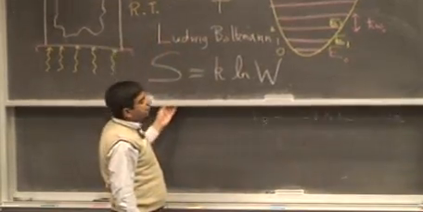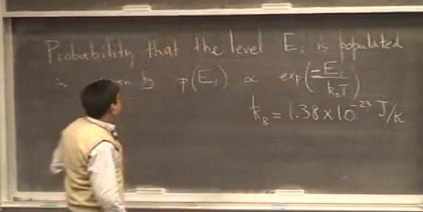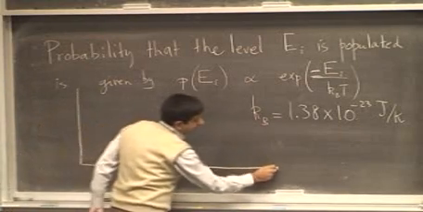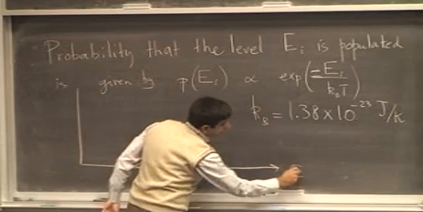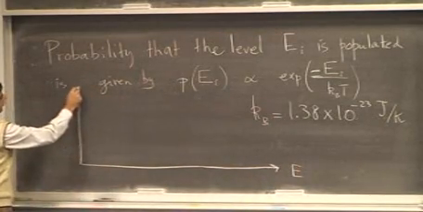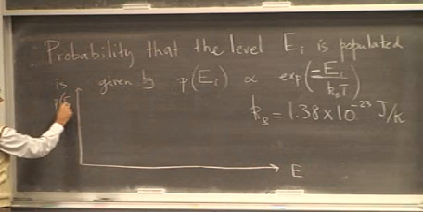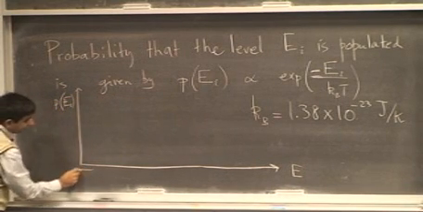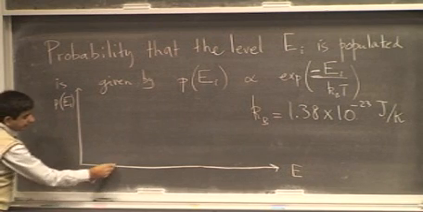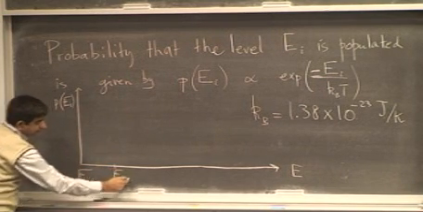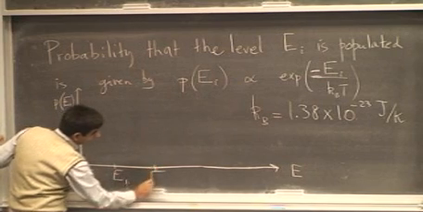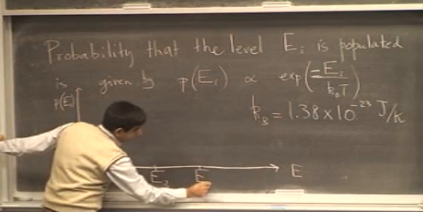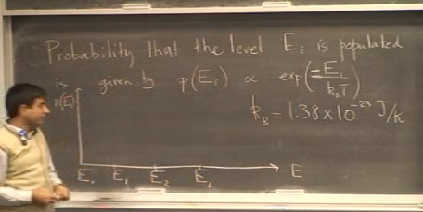Now what I would like you to do is, suppose I draw a graph between the E's and the probability of occupancy. So I have E0, I have E1, I have E2, E3, and the solid is at a particular temperature.